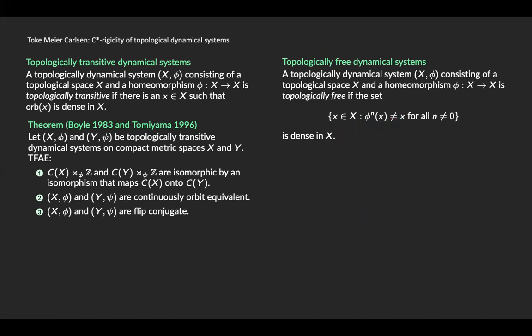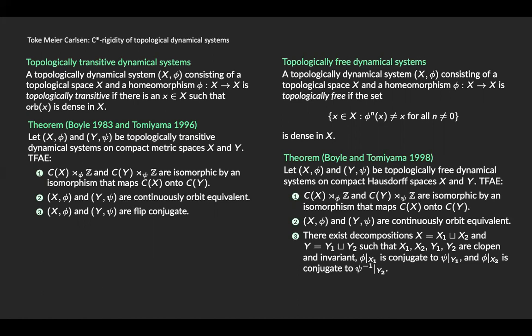Then Boyle and Tomiyama showed that if we have two topologically free dynamical systems on compact Hausdorff spaces, then the crossed product C-star algebras are isomorphic by an isomorphism that maps C(X) onto C(Y) if and only if these two systems are continuously orbit equivalent, and if and only if there are decompositions of X and of Y such that the restriction of phi to X1 is conjugate to the restriction of psi to Y1, and the restriction of phi to X2 is anti-conjugate to the restriction of psi to Y2.